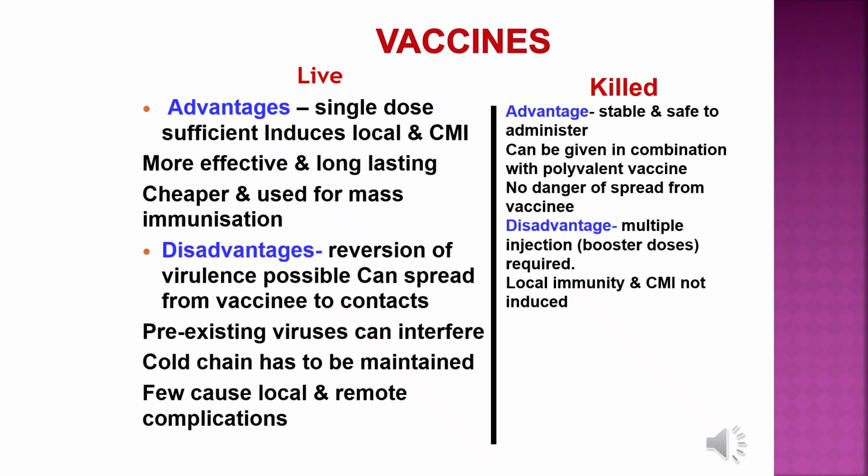Disadvantages of live vaccine: reversion of virulence is possible, it can spread from vaccinees to contacts, pre-existing viruses can interfere, the cold chain has to be maintained, and a few cause local and remote complications. Disadvantages of killed vaccine: multiple injections, that is, booster doses are required, and local immunity and cell mediated immunity are not induced.